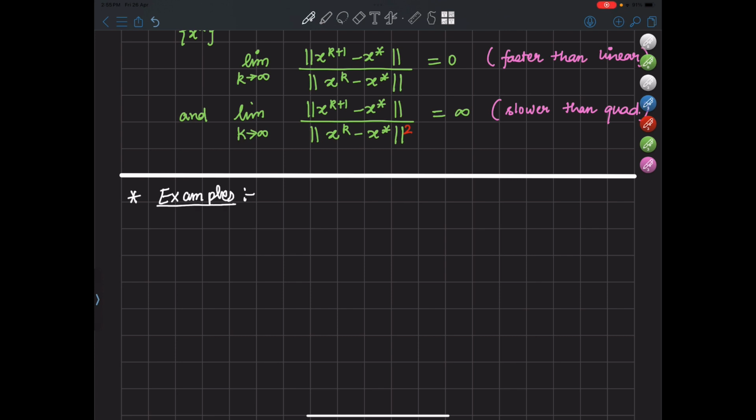The first one is a sequence such that xk equals 1 plus a to the power k, where a is between 0 and 1. So to what point will it converge as k tends to infinity? This converges to 1.